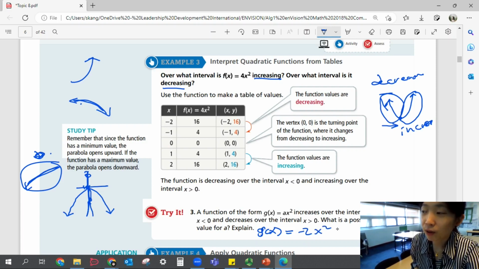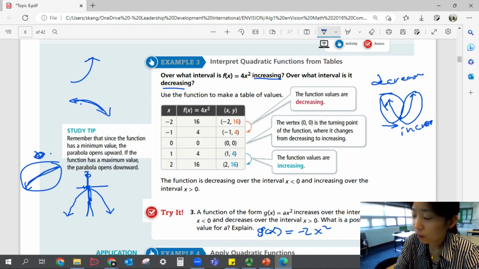So it could be negative 2x squared, it could be negative 4x squared, it could be negative 8x squared, doesn't matter. Or negative 0.5x squared, it's still gonna be increasing when x is negative and decreasing when x is positive, okay? So make sure your a is negative so that your parabola is facing downwards, and that will be your answer. Now explain.